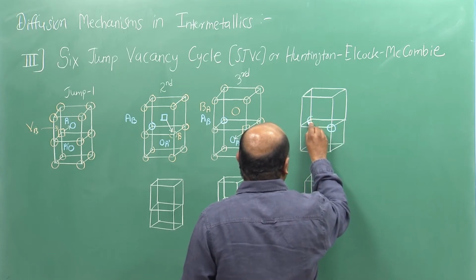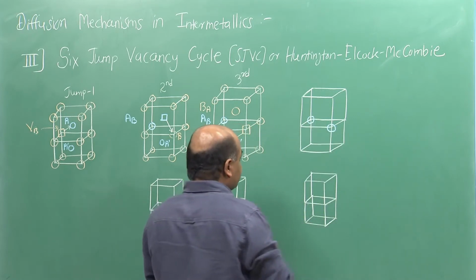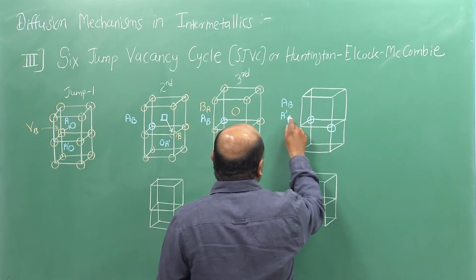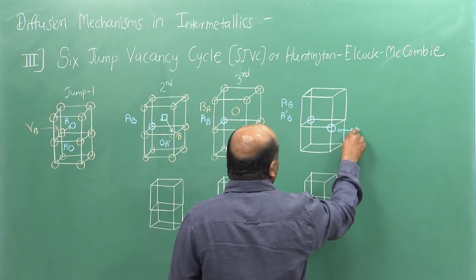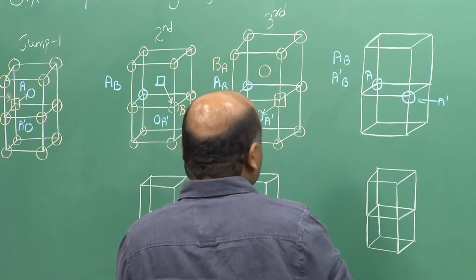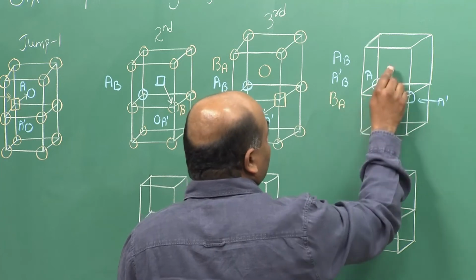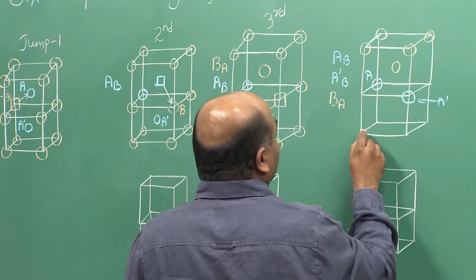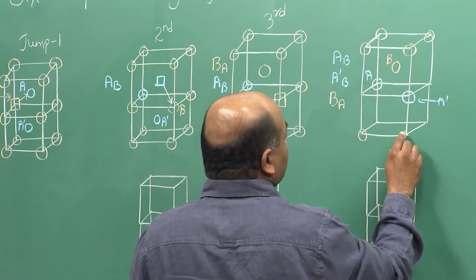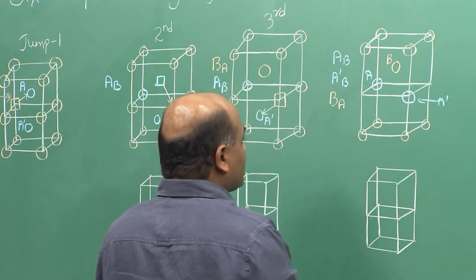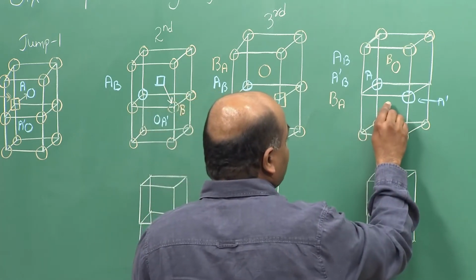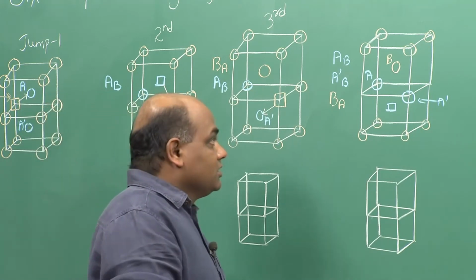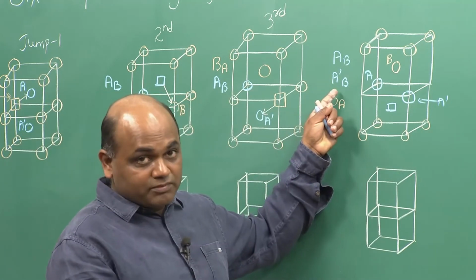So, we have now 3 anti-sites: A on B, A prime on B, and one B on A. This is B, and the vacancy is now at the position of A prime. So, 3 anti-sites are now formed.